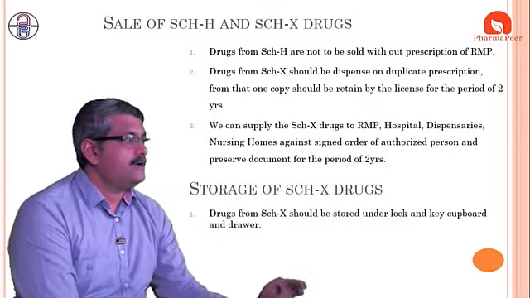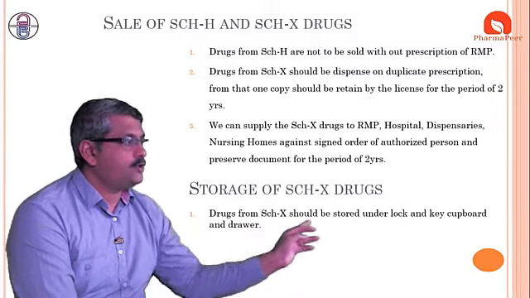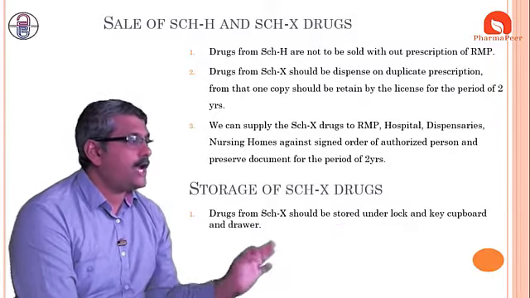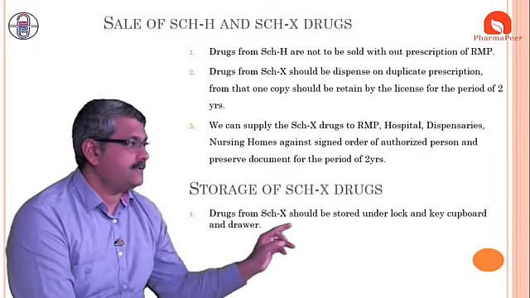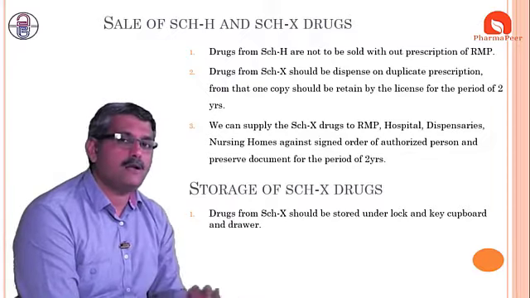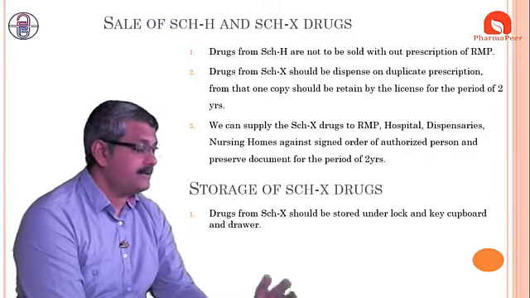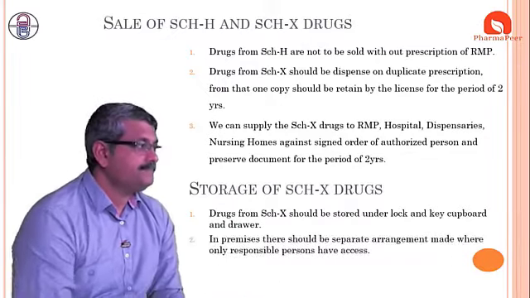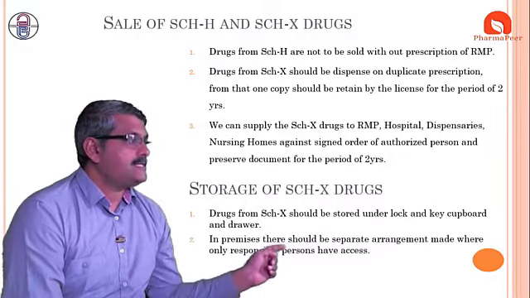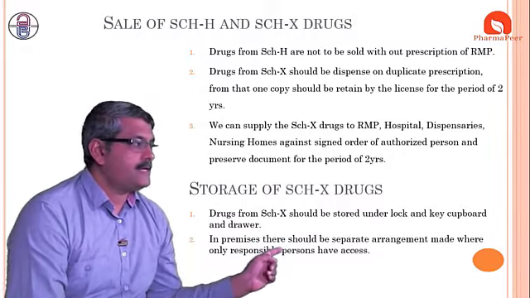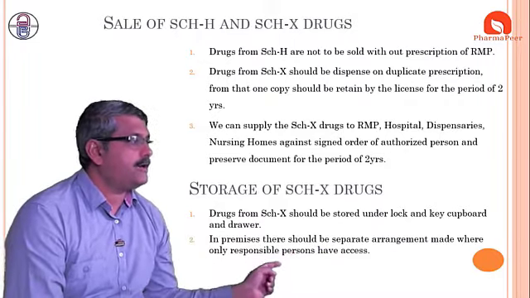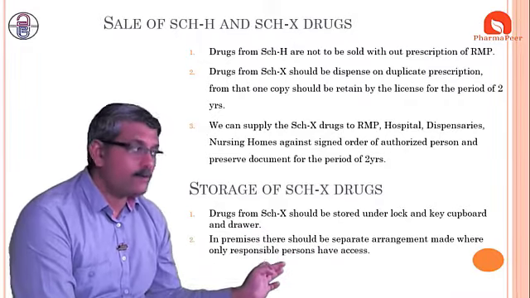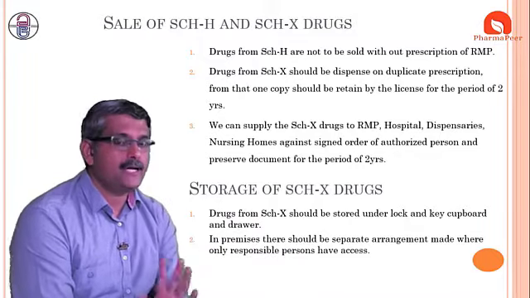The first thing is that the drugs from Schedule X should be stored under a lock and key cupboard or drawer. This is the most important thing. Second, in the premises, there should be a separate arrangement made where only responsible persons have access.